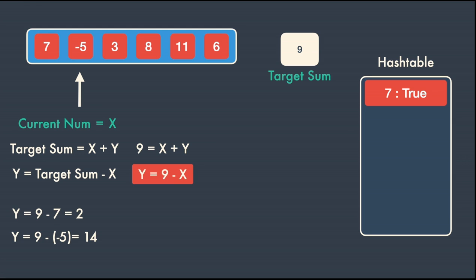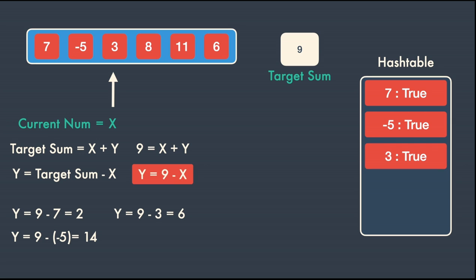So it seems that we still didn't find our two numbers, and what we need to do now is store -5 in the hash table as true, and we move on to the next number, which is 3 in this case, and we solve for y. 9 minus 3 is equal to 6, and we check if 6 is present in our hash table. No, it's not. Okay, then we'll store 3 in the hash table as true.